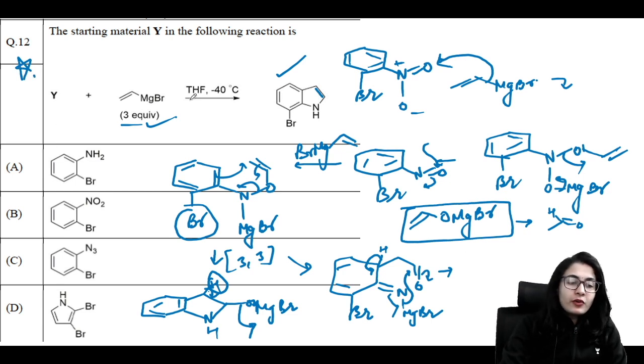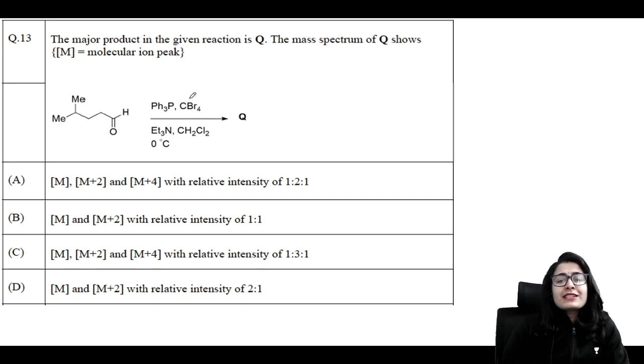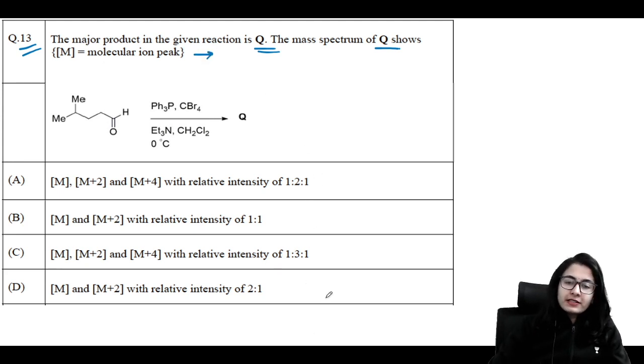So now we move onwards to the next question, which is again a very simple question. Look at this. The major product formed in the given reaction is Q. The mass spectrum of Q shows which of the following peaks with the relative intensity. When you look at this, Ph3P and CBr4, this is triphenylphosphine in the presence of CBr4.